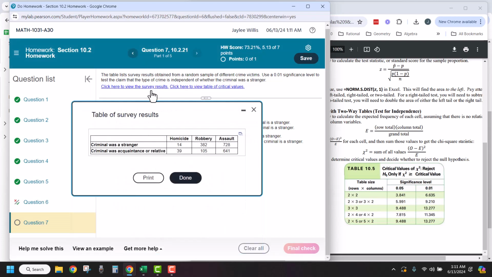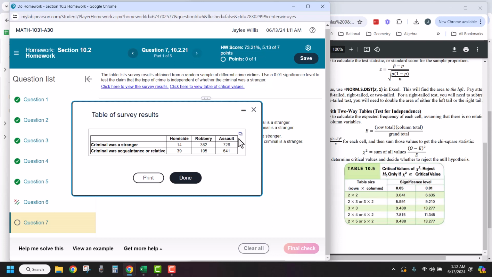So for example, on this one, we have homicide, robbery, and assault. I think these are just crimes that were committed. And then you have whether the criminal was a stranger or if it was an acquaintance or a relative.